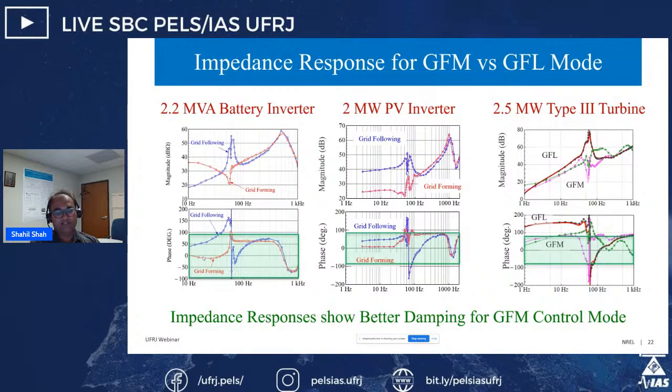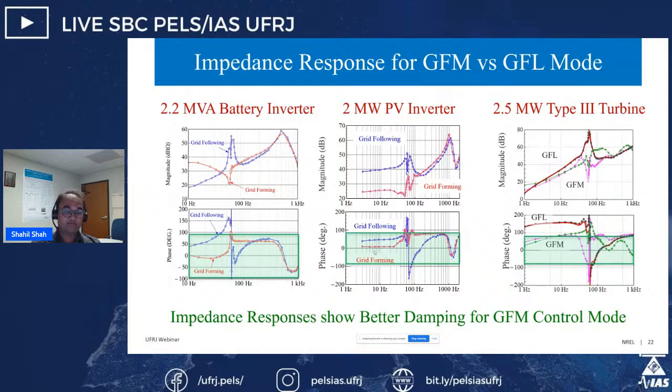What it means is that the impedance will always have a positive real part, or that means impedance will always have a positive resistance in a grid forming mode. Same as for the PV inverter and for the wind turbine. That in grid forming mode, for most frequencies, the IBR will have an impedance phase within plus or minus 90 degree, or it will have a positive damping.